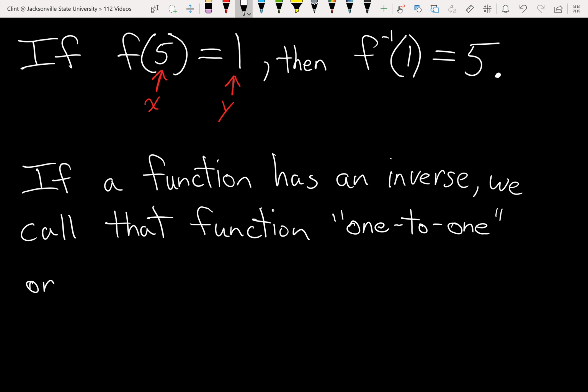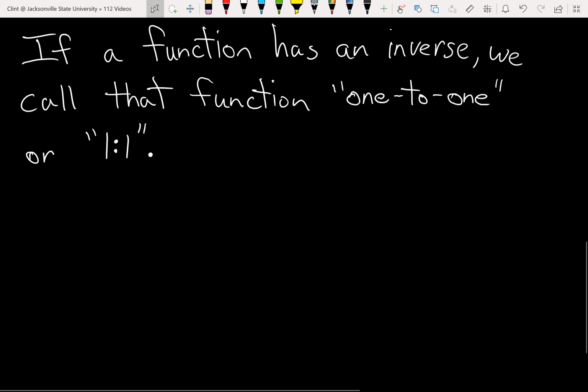Or sometimes you'll see it with numbers, like a ratio, 1-to-1. So if you see that the function is 1 to 1, one thing that tells you is that the function has an inverse. And for us, the easiest way to check if a function is 1 to 1 is by looking at its graph.